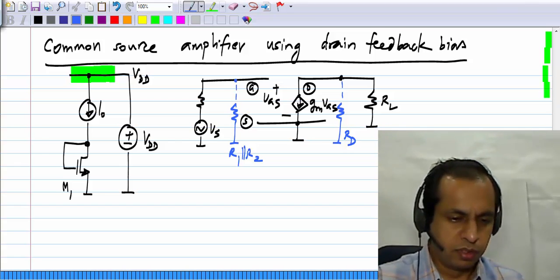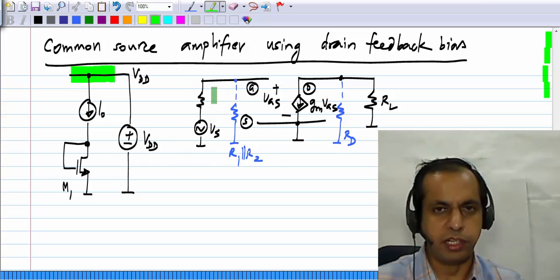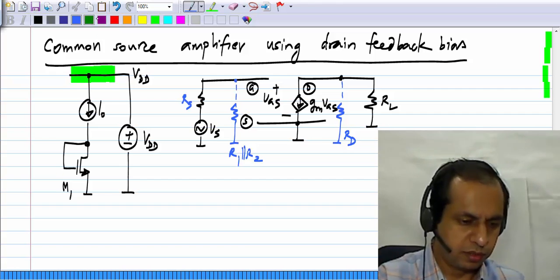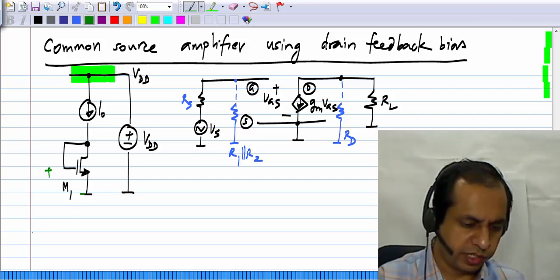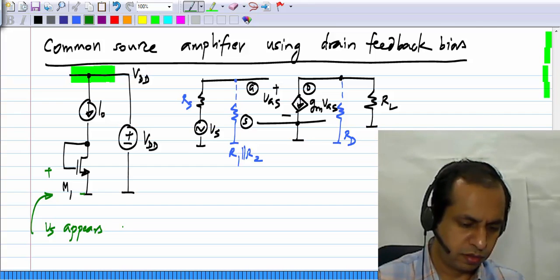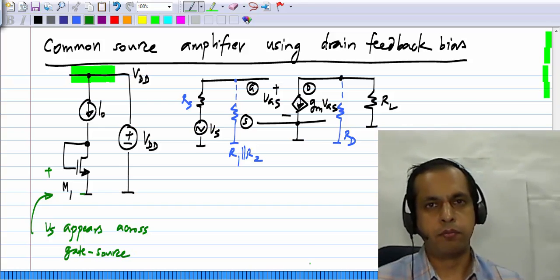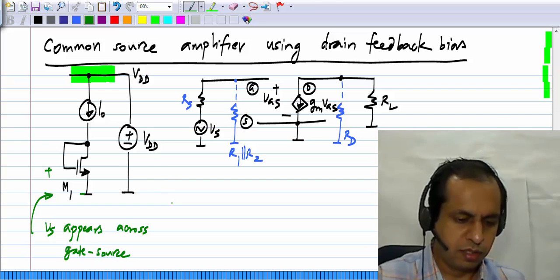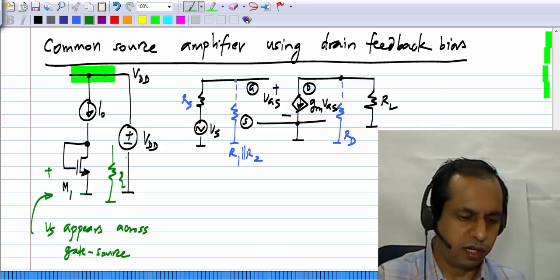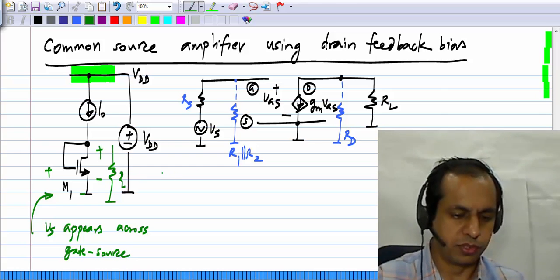So somehow we have to make sure that this signal Vs, or most of it, appears across gate source. And then we have a load resistance RL, and this RL must appear across drain source.